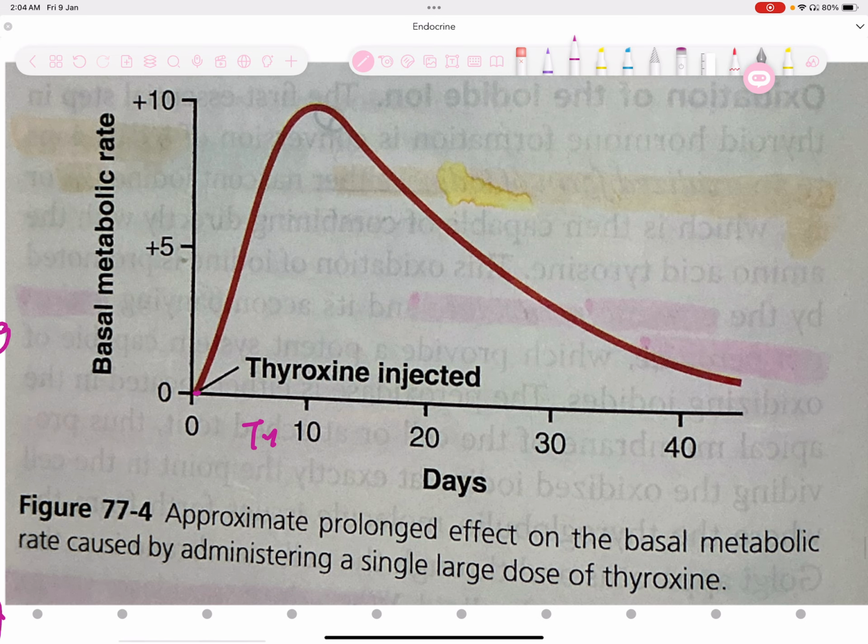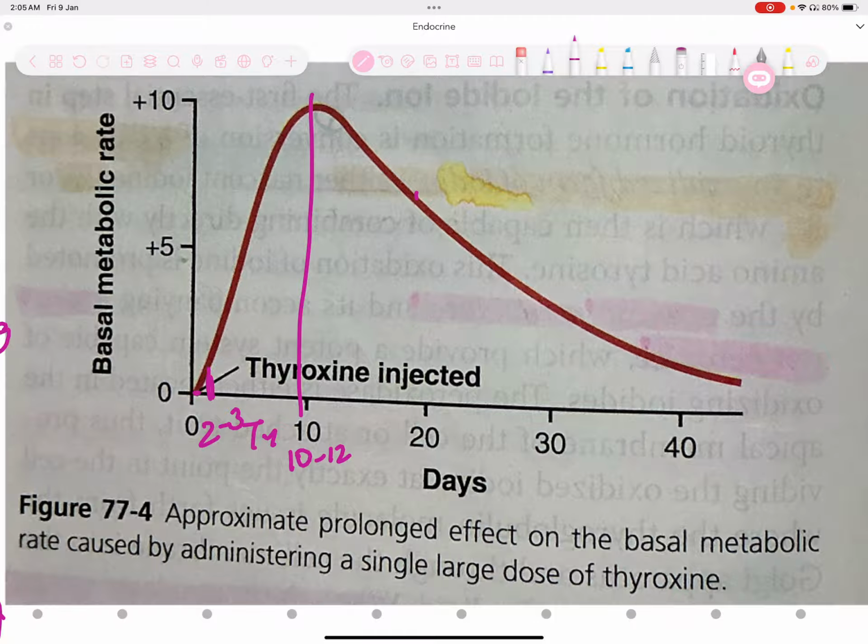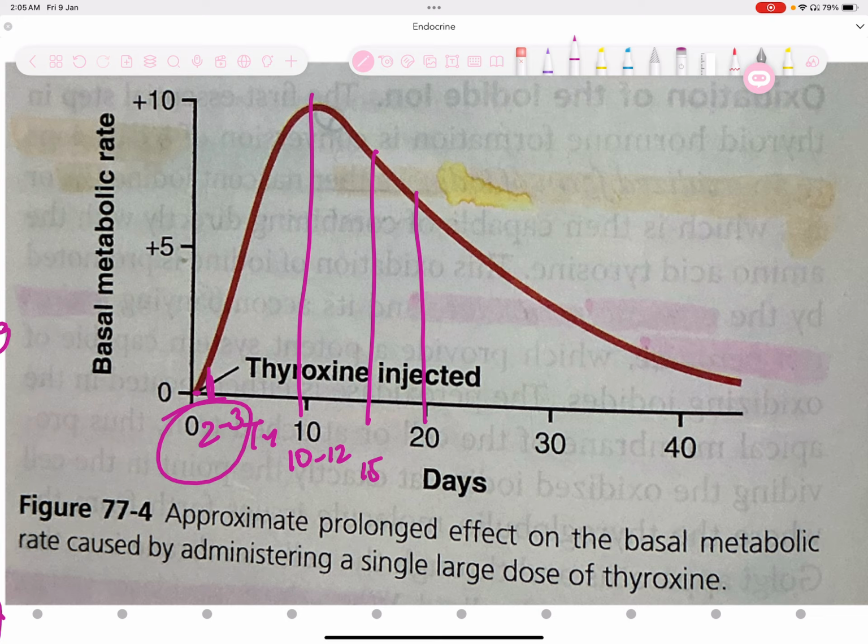Once it is injected, it starts showing the first changes in metabolism after 2 to 3 days, then reaches its maximum activity at around 10 to 12 days, and its half-life is achieved by 15 days, and that's when it starts declining. So it has a delayed latent period, right?